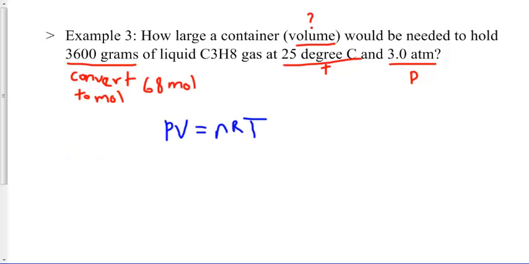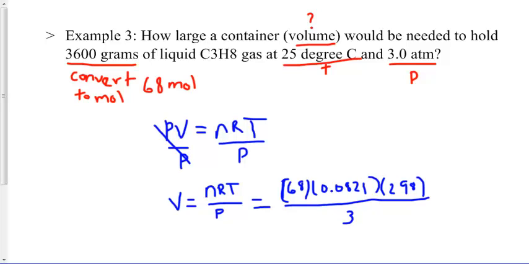Okay, so this time we want to solve for volume. So volume is being multiplied by P. I'm going to do the opposite of multiplication, so I'm going to divide both sides of the equation by P. P is going to cancel out on the left side, so we just have V equals nRT over P. And then we're ready to just plug everything in.